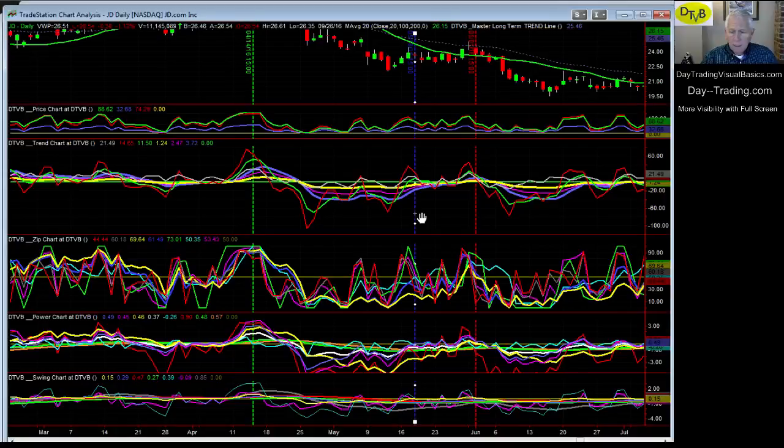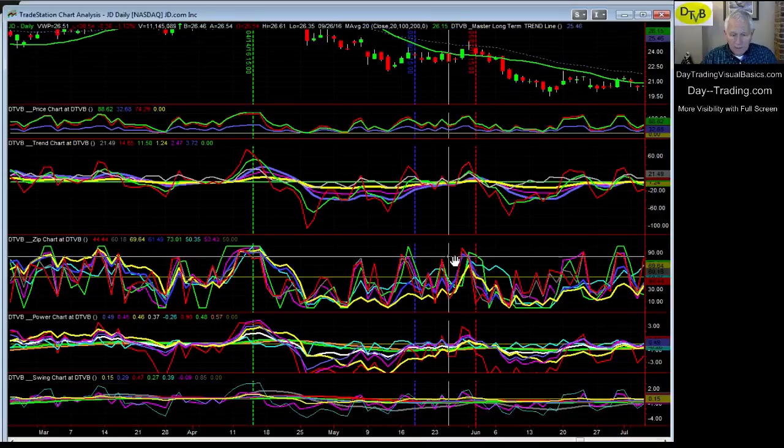The zip yellow line on the blue is at 21, and the zip yellow line on the red vertical line day is at 50. And the zip yellow line after the blue line continues to stay low, and does so on this day here where it bounces back down. The zip yellow line is at 21. So you can see it's real.